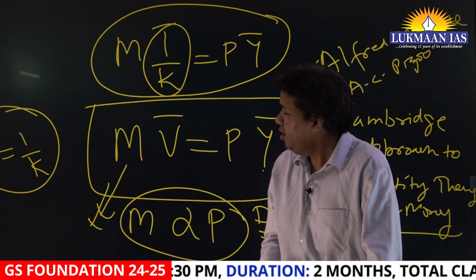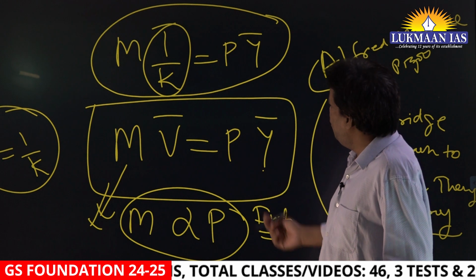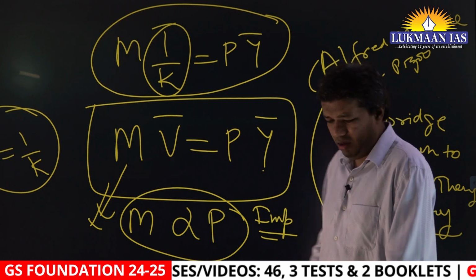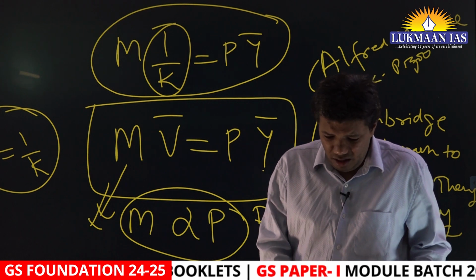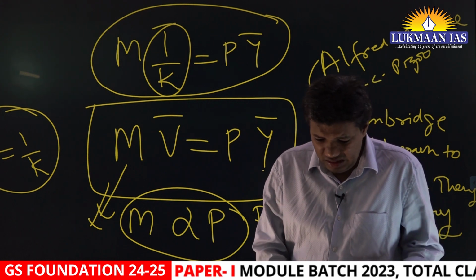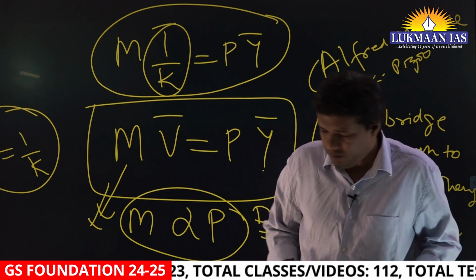Through this quantity theory of money, you can find out the aggregate demand curve. Okay. So I assume you will do that.